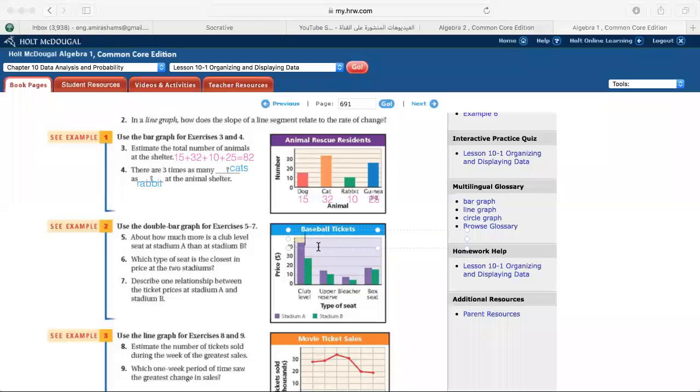And if we read the green, the club level in Stadium B, it is almost 28. Yes, let's say it's 28. So 45 minus 28 is equal to 17. So 17 seats.